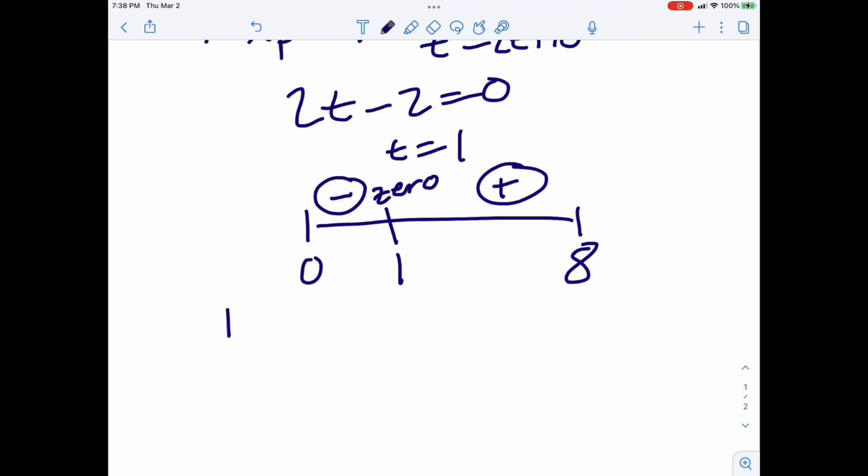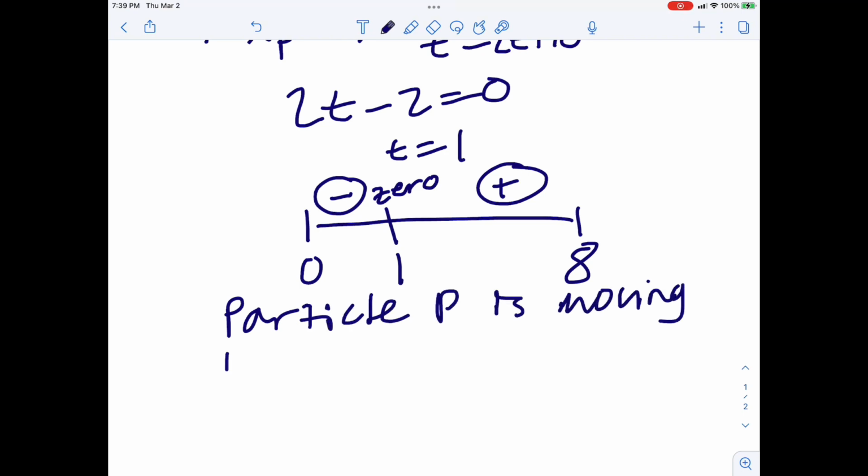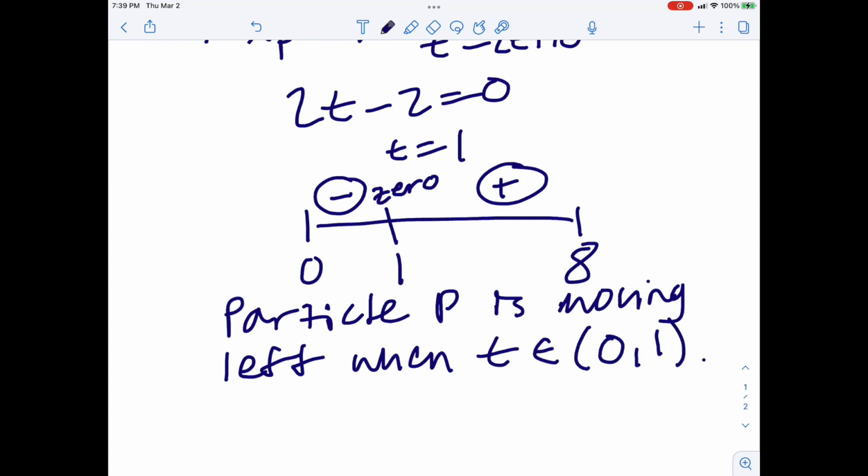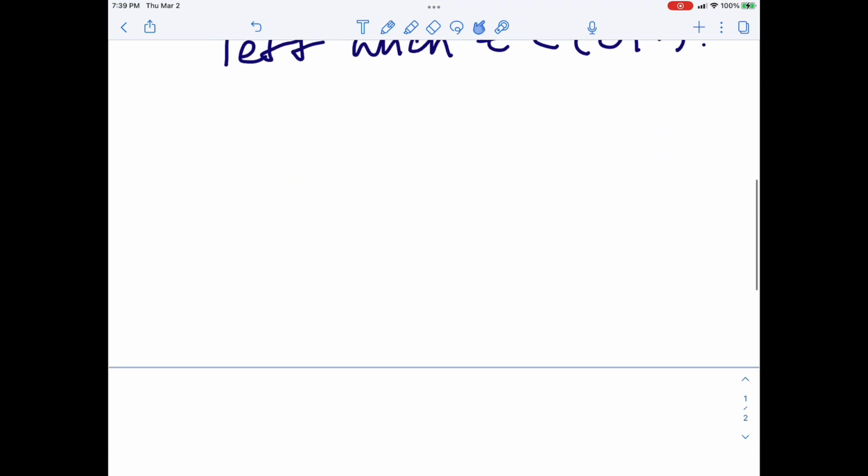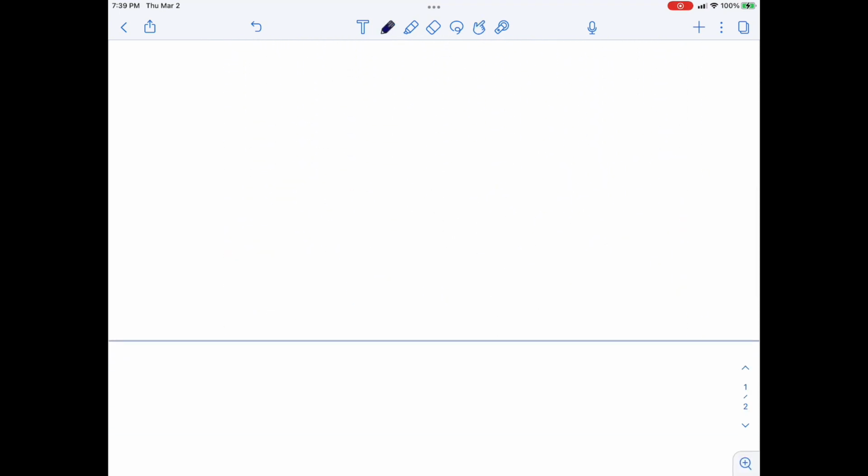So particle p is moving left when t is an element of [0, 1). All right, that's part A. Let's move on to part B.